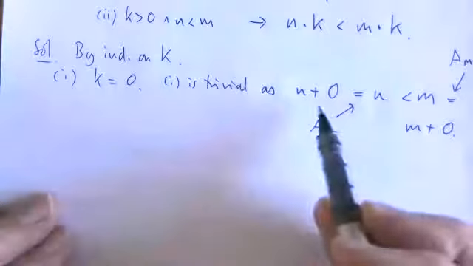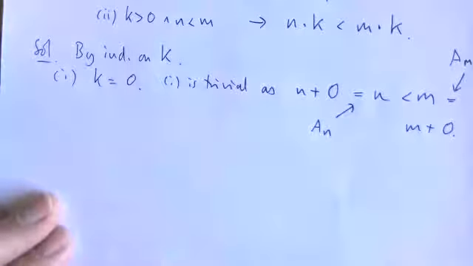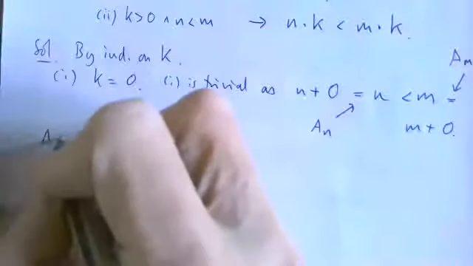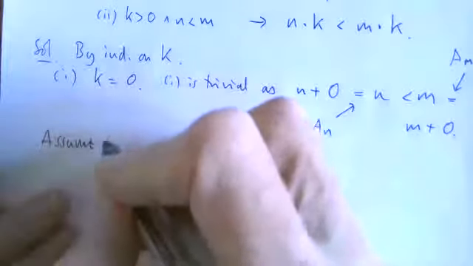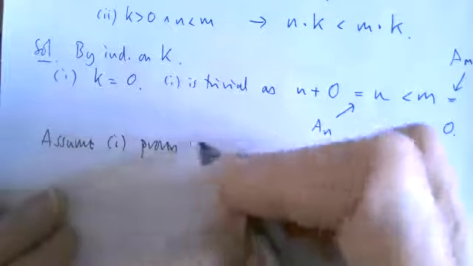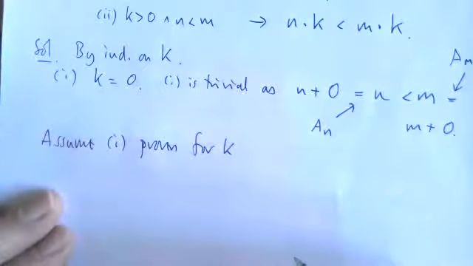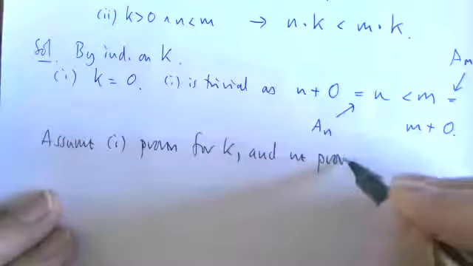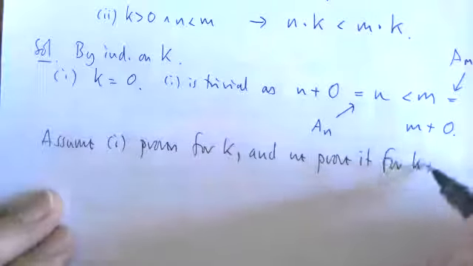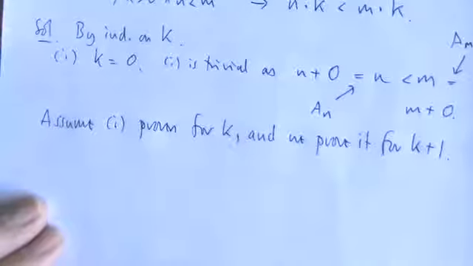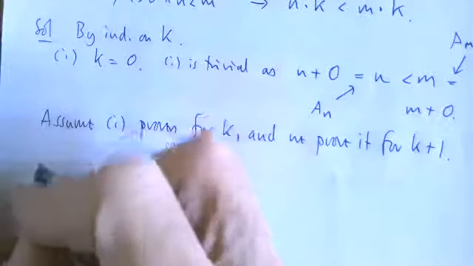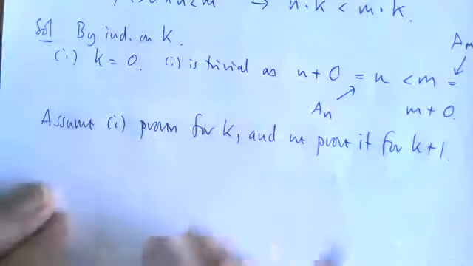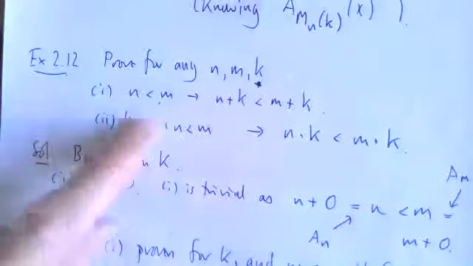Now we assume that it's proven for k, and we prove it for k plus 1. Assume it's proven for k, and we have to prove it for k plus 1. Now, when I say proven for k, I mean for any n and m.